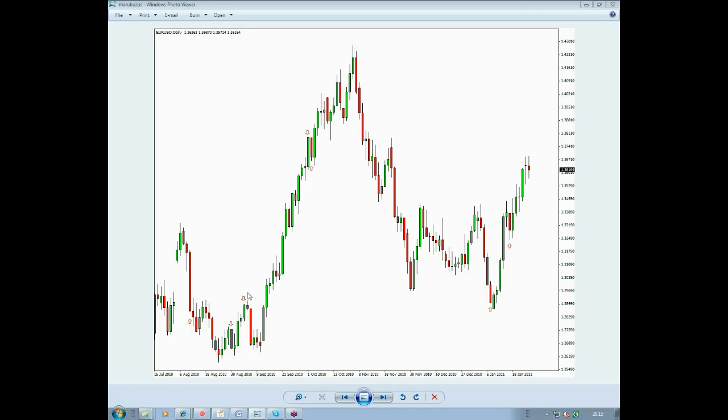Another situation where I personally like to use Marubozus is combined with divergences.